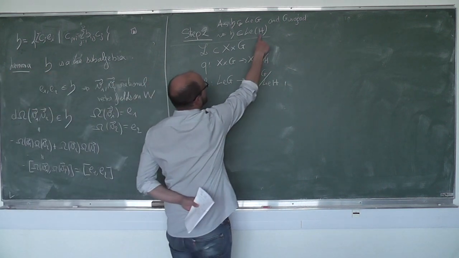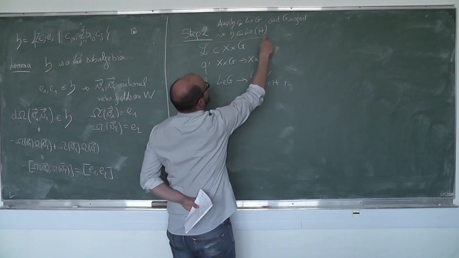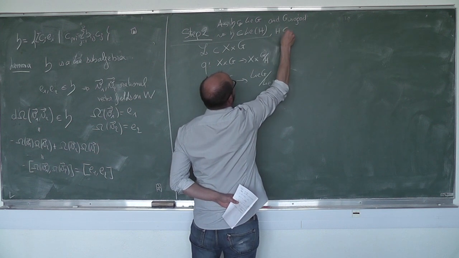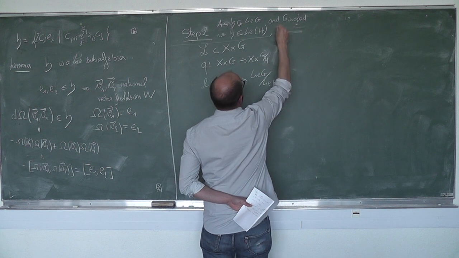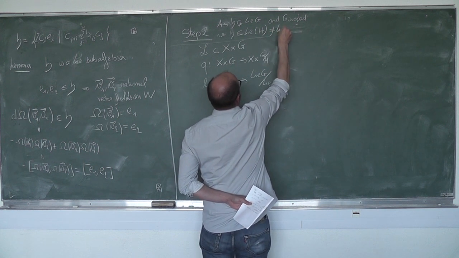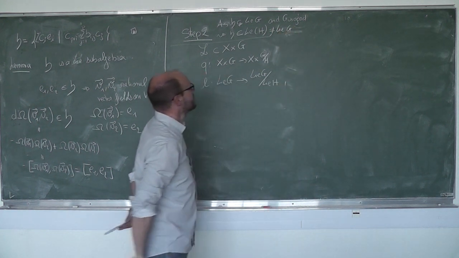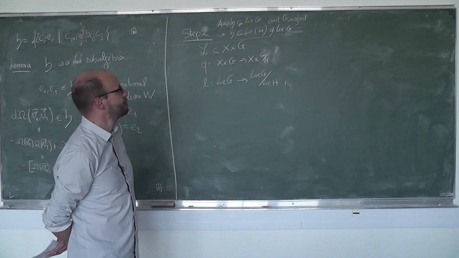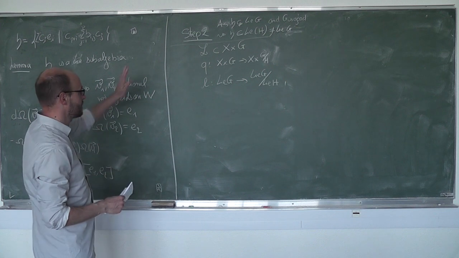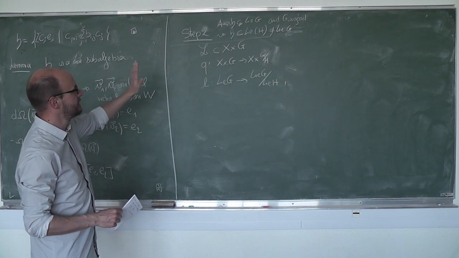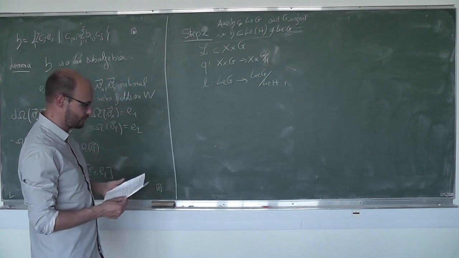And then H is a sub-Lie group, H is a sub-algebraic group of G that satisfies that. Okay? The hypothesis good is here just to ensure that we get such a group.